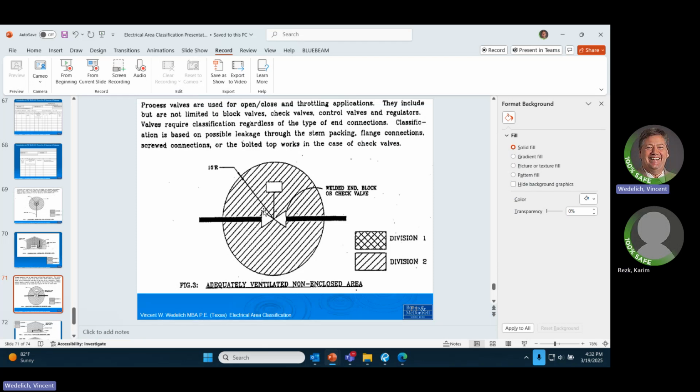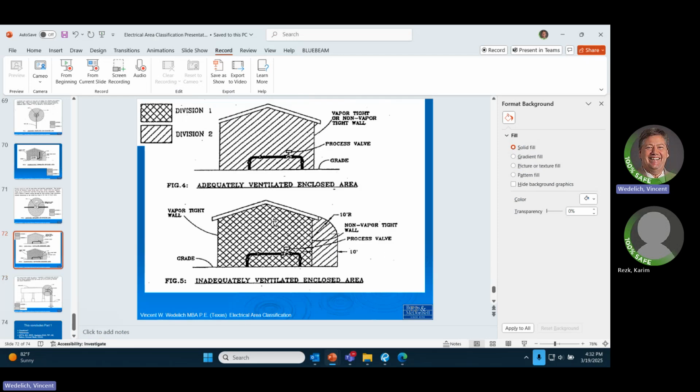If it wouldn't leak, they wouldn't put an LDAR, a leak detection tag, on it, whatever it is. If it's got a flange fitting, or if it's welded, that's another thing, but it still has a stem. So minimum, it's a Div 2 in an adequately ventilated area. If this same valve was in an inadequately ventilated area in a box, then it would be Div 1.